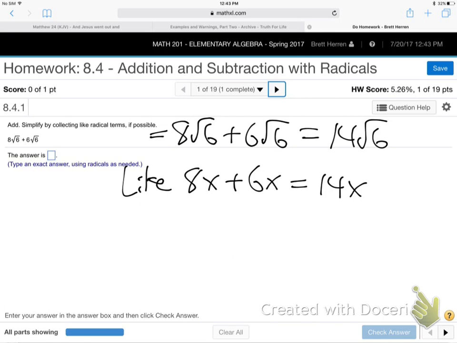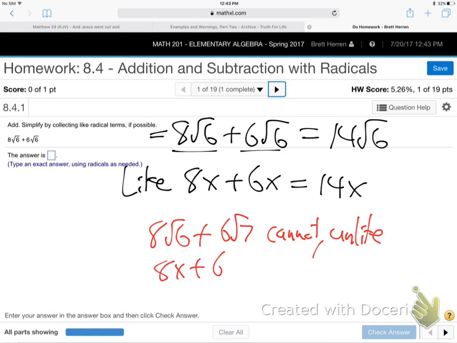It's like roots. So when it comes to adding, subtracting things in the root world, you just add the numbers in the front, you leave the root. It's just like terms. Which means, though, that if the roots are different, you can't add them. Am I making any sense? So, for example, if they gave us 8 root 6 and 6 root 7, we would just say you cannot. They're unlike.